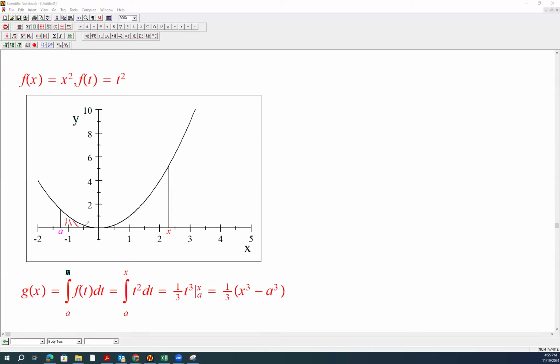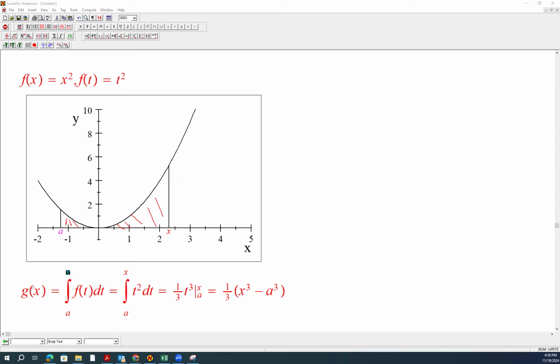So we're finding this area underneath the curve. And of course, x could vary. So for this particular x, the area is going to be 1/3 of x raised to the power 3 minus a to the power 3, applying fundamental theorem of calculus part 2.